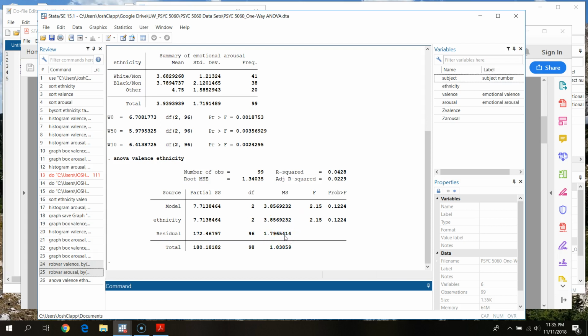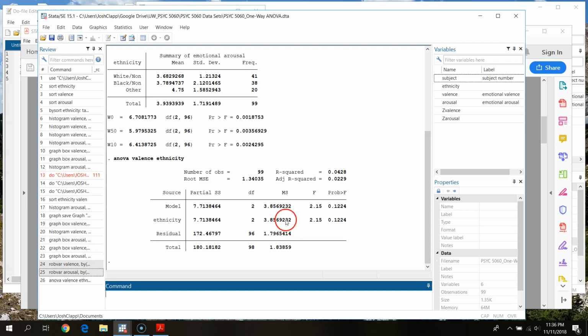Recall that if group membership was the only thing that determined valence ratings here, then everybody in every group would have the same score, right? But they don't. We know that people within each group differ in terms of their scores. That difference is error. That's something that we haven't modeled. Now, it might be systematic differences, it might be random differences, but if it's not accounted for in our model, it's error to us, right?